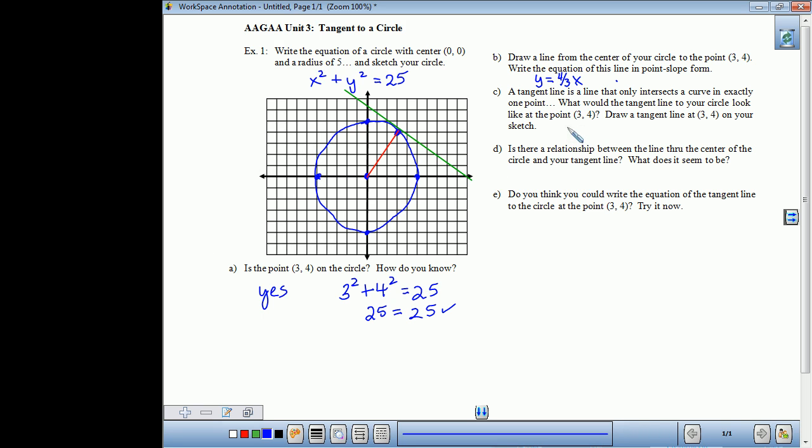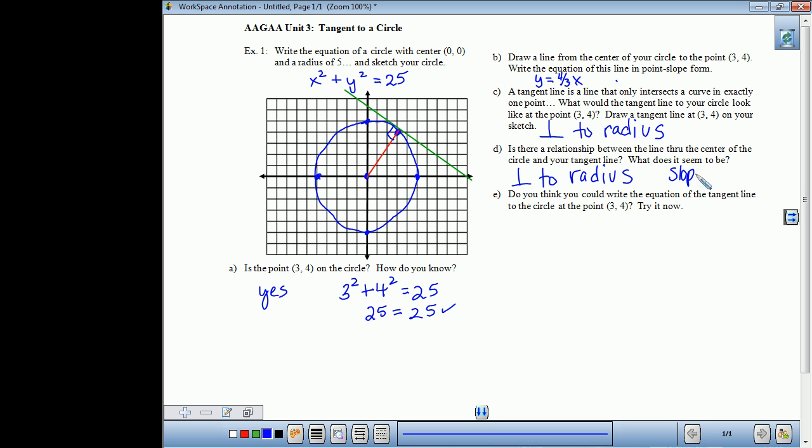Alright, we should notice that when we draw in this tangent line that it is perpendicular to the radius. So when it is perpendicular to the radius, what does that tell us about the slope of that line? Well, if it's perpendicular, we know perpendicular slopes are opposite reciprocals.